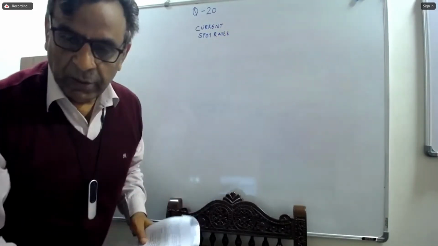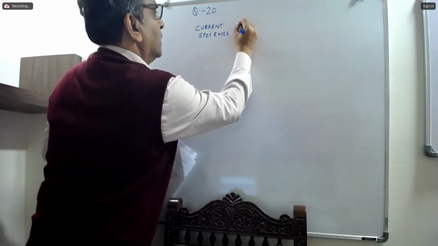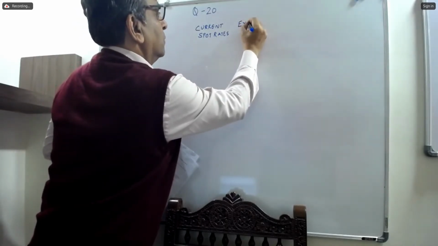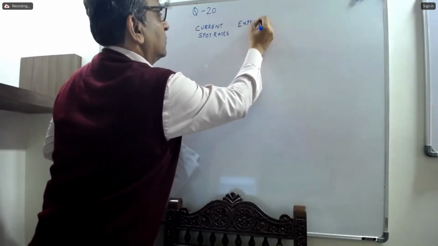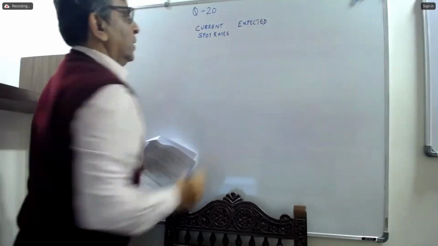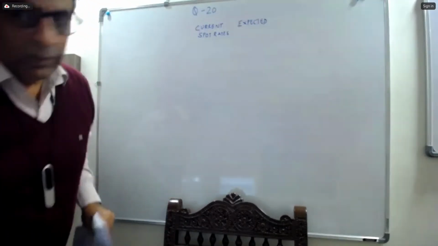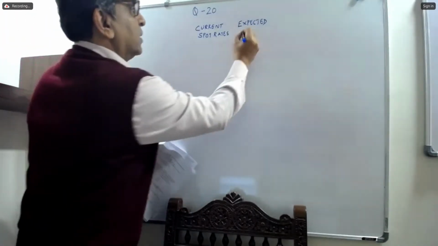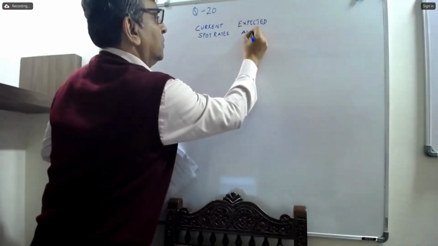Then expected spot rates are also given to you in the question, that is, expected in the month of August 2014 when he's going to get his money.